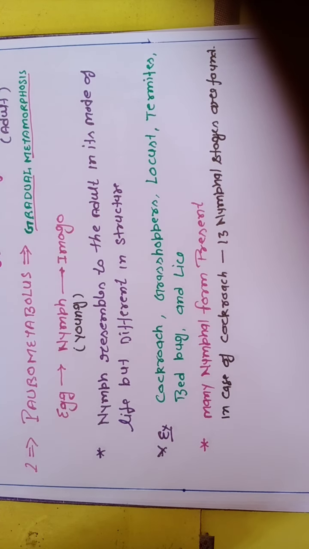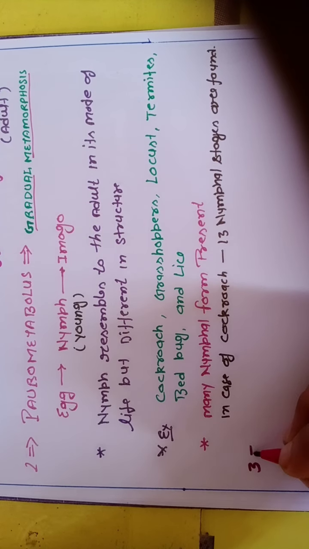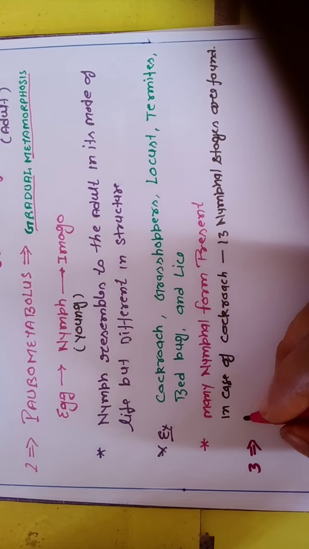Now the third type of metamorphosis is known as hemimetabolous. So the third type of metamorphosis is known as hemimetabolous.